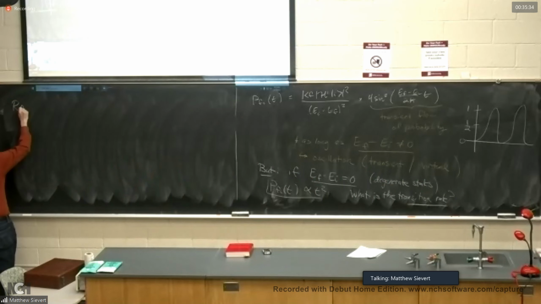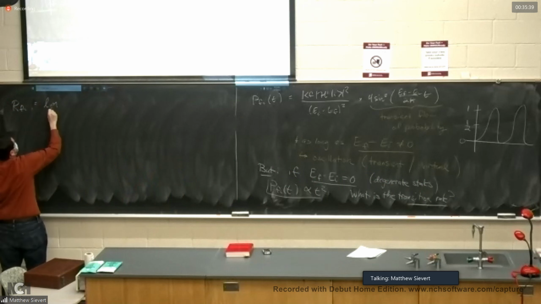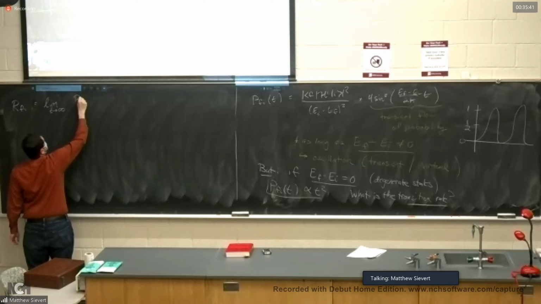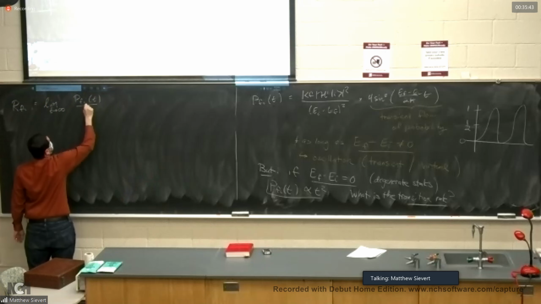So that transition rate, R final initial, is the limit as t goes to infinity of that probability P final initial of time divided by time.